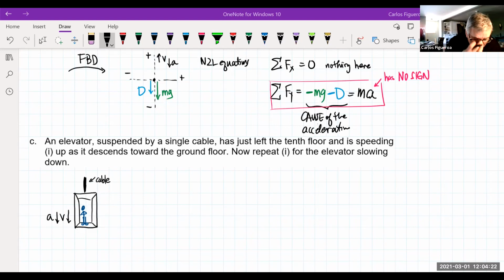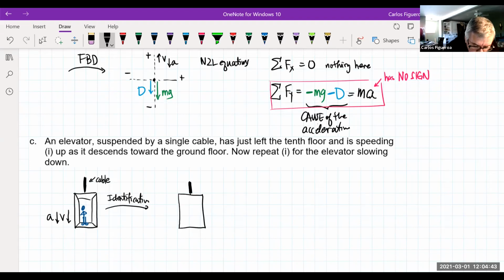Well, for starters, if I look at the cable, I'm going to go after an identification, just to make sure I don't miss anything. So the identification tells me that here's my elevator. I do not care about what's happening on the inside. I only care about what's happening to the elevator.